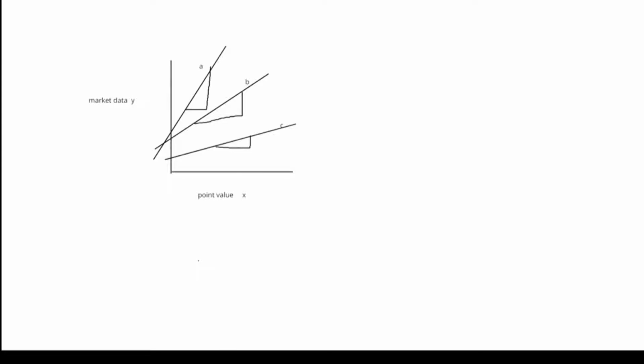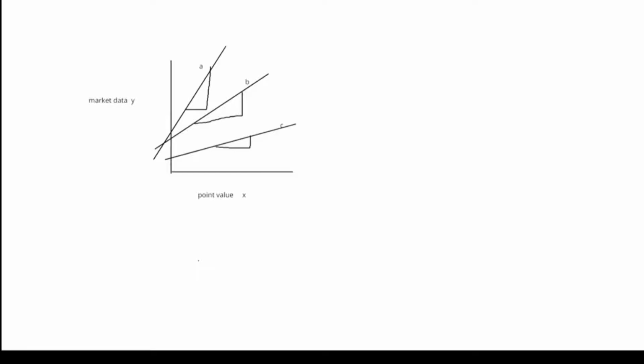You can see visually here. Can you see that this will be the lowest, then this, then this. That is, C will have the lowest value, it is almost parallel. B will have a higher value than C, and A will have a higher value than B.